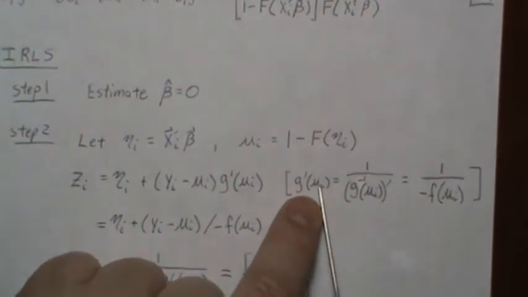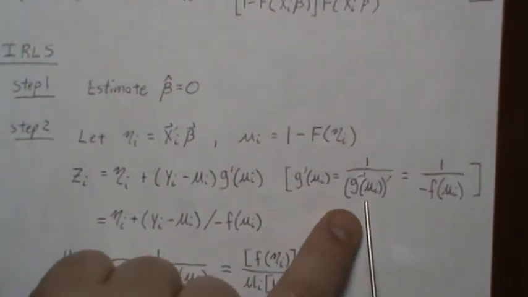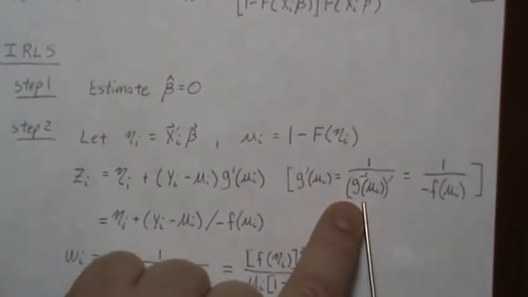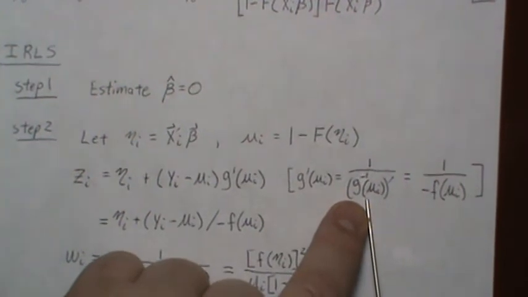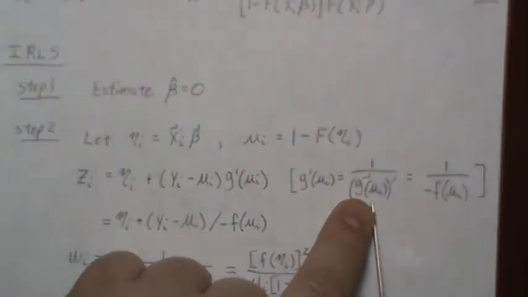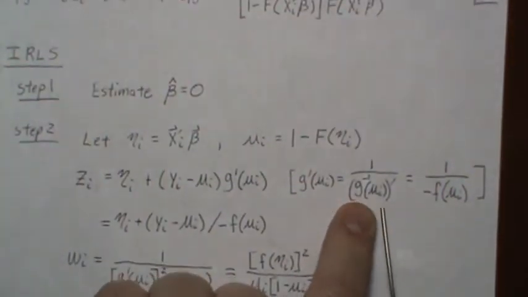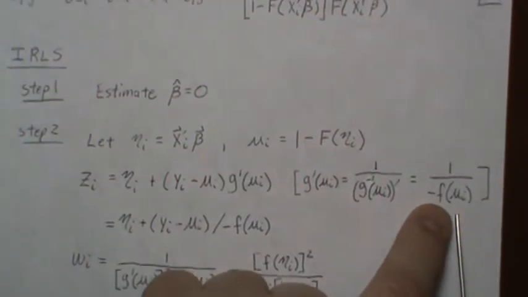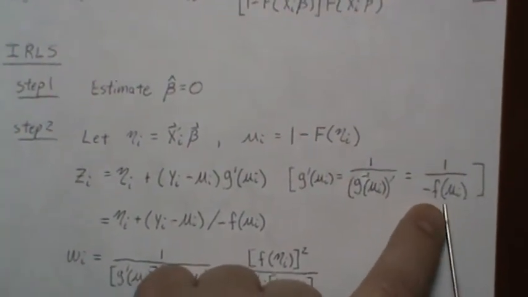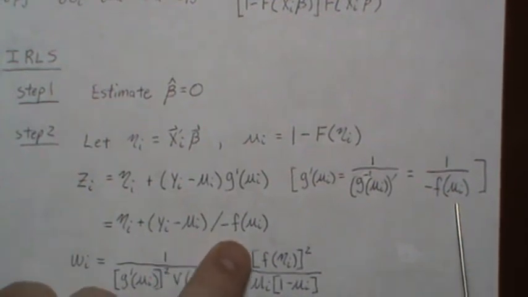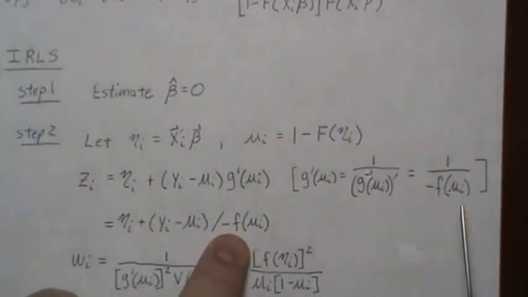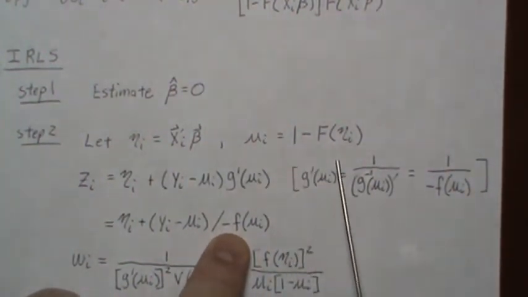But the derivative of g is 1 over the derivative of the g inverse. And g inverse was the 1 minus capital F of eta, or of mu, I mean. So that's how we get the 1 over the minus the density of mu_i. So that's what we plug in right here. Remember, the mu is 1 minus this.